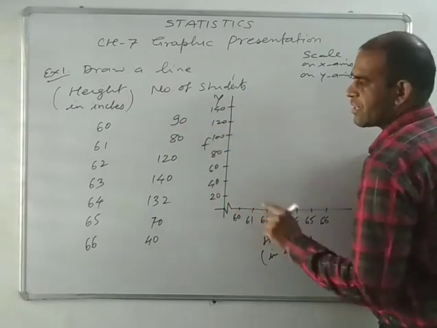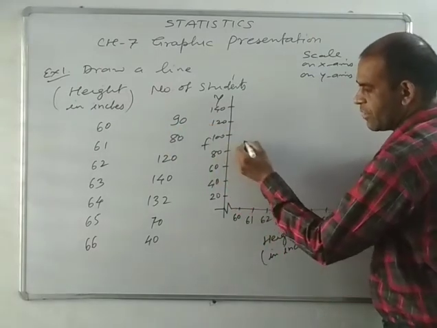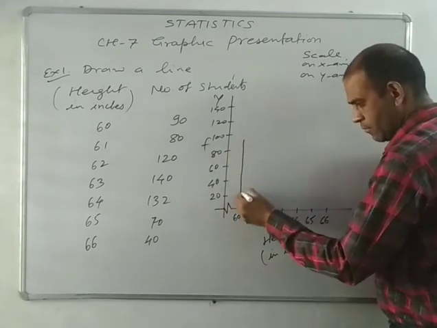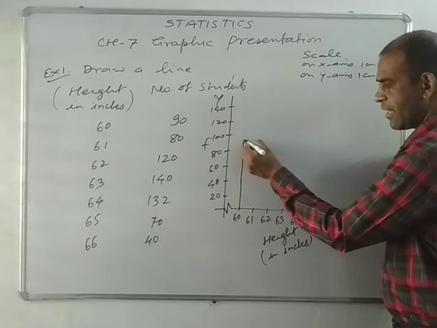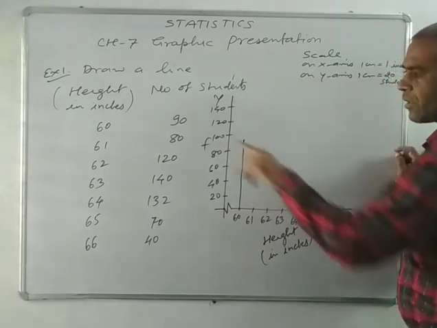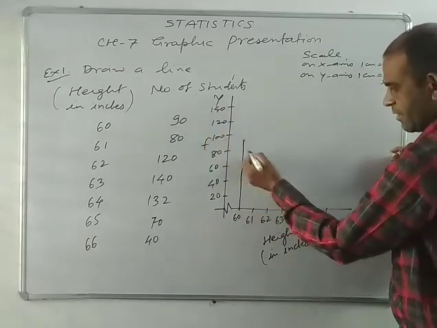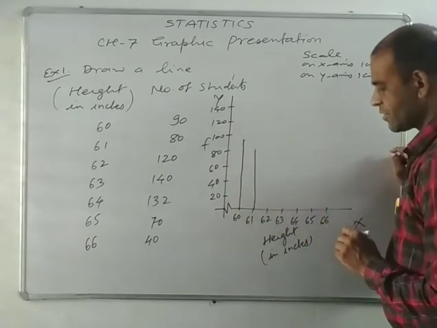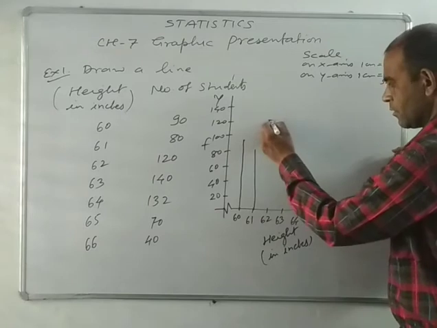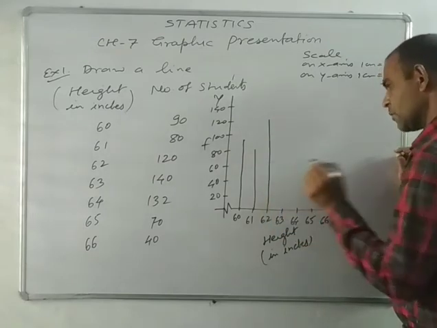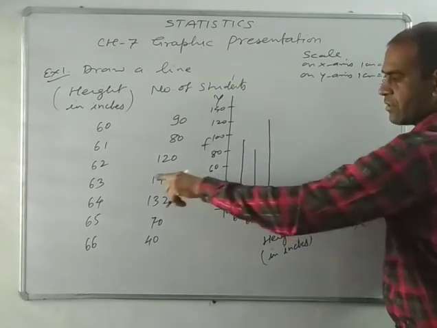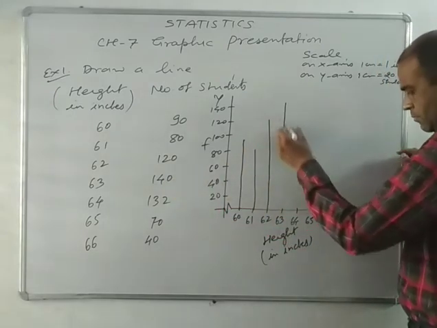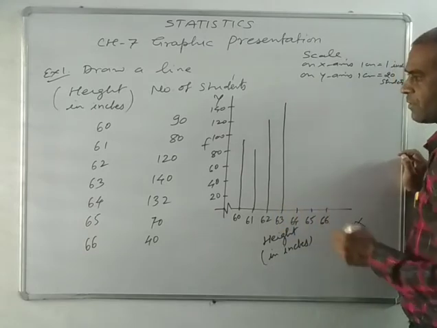First on 60 inch, 90: take this 90 and draw a vertical line up to the height of 90. Again on 61, 80. 62, 120. 63, 140.